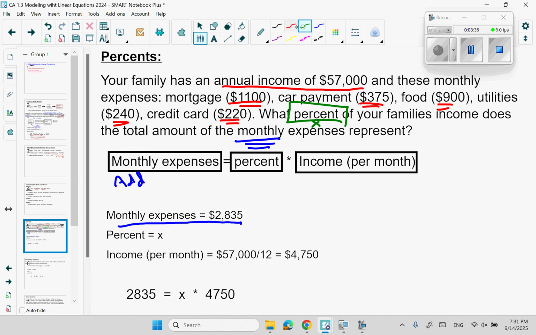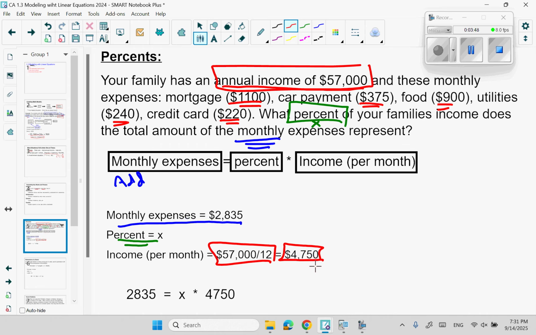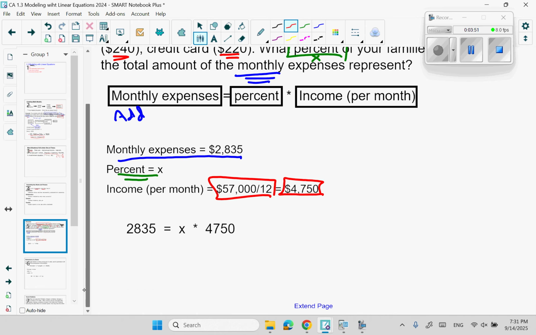$2,835. Percent, which I'm trying to solve for, is going to be our X. And income per month. Again, this is annual income. So naturally, we're going to divide that by 12 to find our monthly income of $4,750. So from there, the percentage times 4,750 has to equal 2835. So we can divide both sides by 4,750.